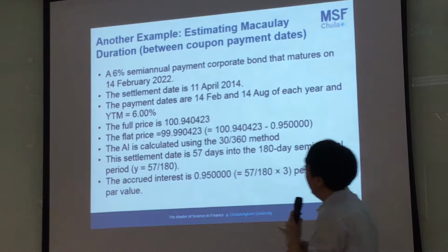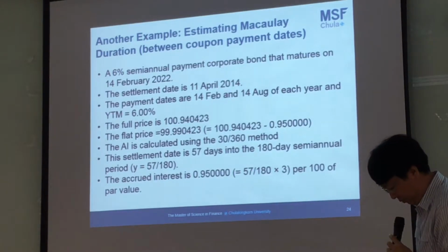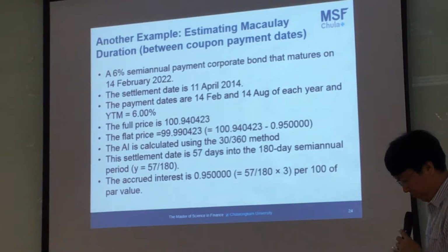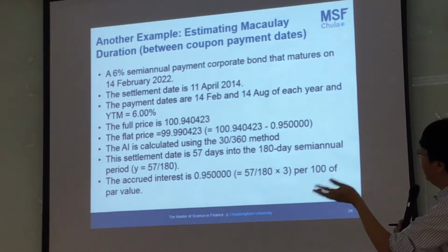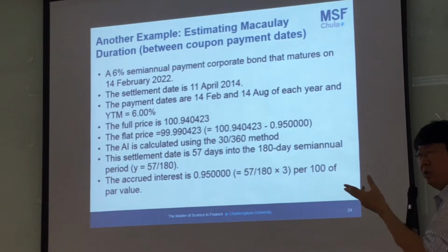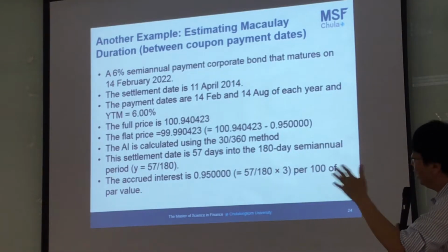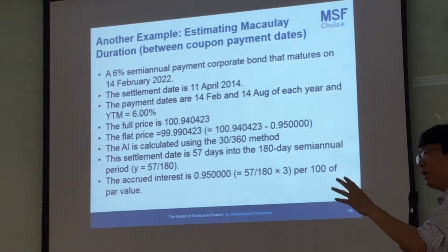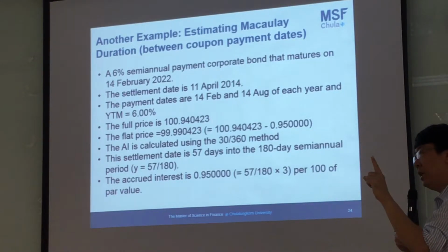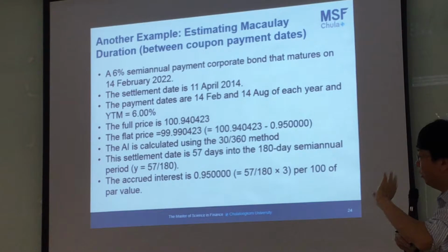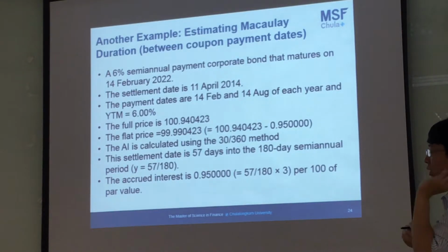Alternatively, if you count until 14th of March, and from 14th of March to 31st there are actually 17 days, but because we assume 30 days, you count until 30th of March as 1 month and ignore the 31st. This is up to you, whichever you are comfortable with.